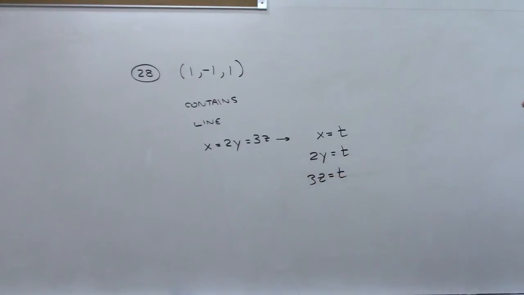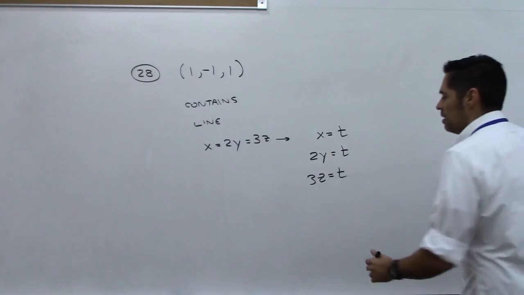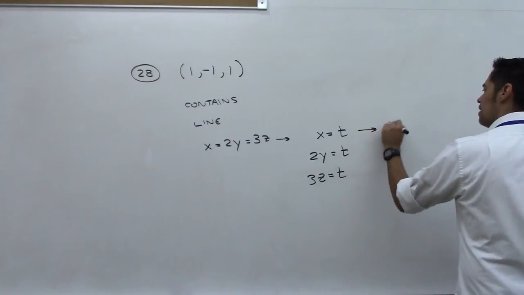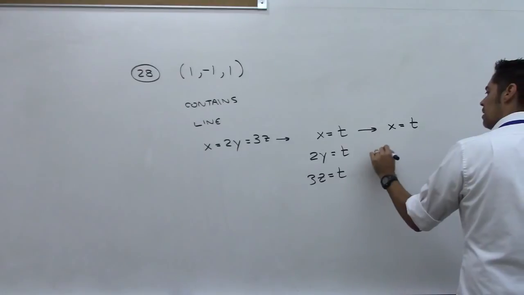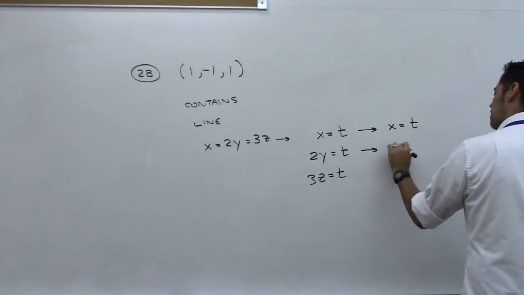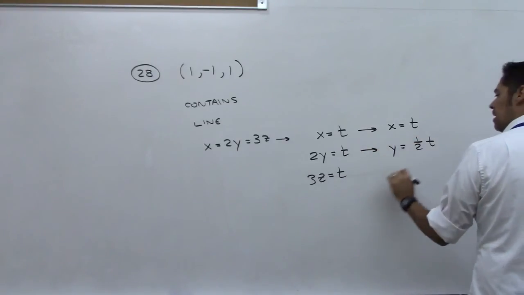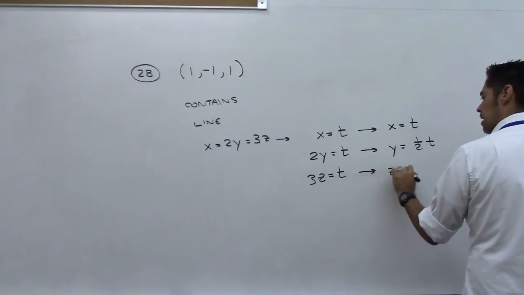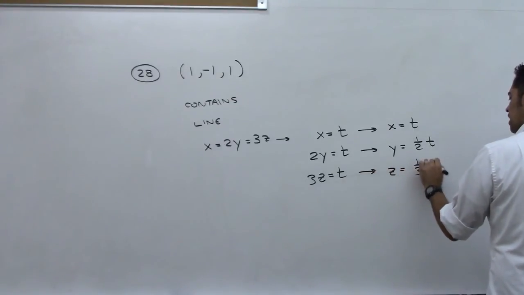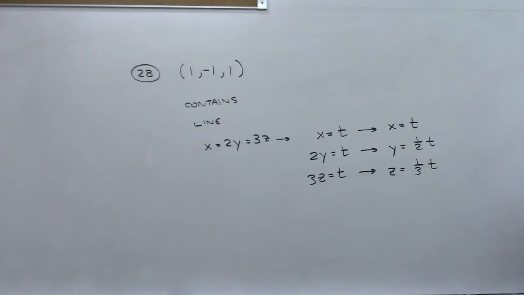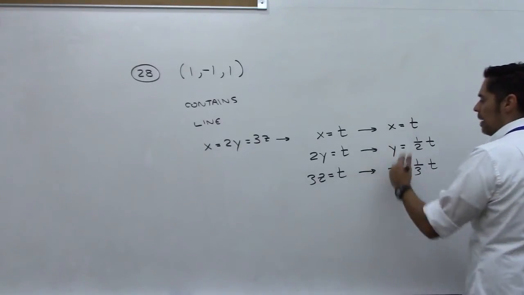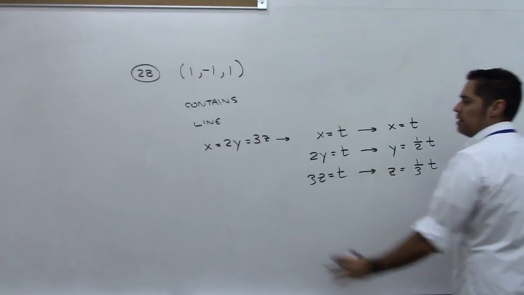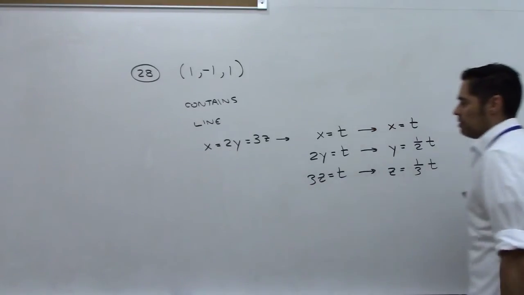All right, so from here we can solve these for x, y, and z. This is x is t, this is y is 1/2 t, and this one is z is 1/3 t. So they're your parametric equations from your symmetric equations.